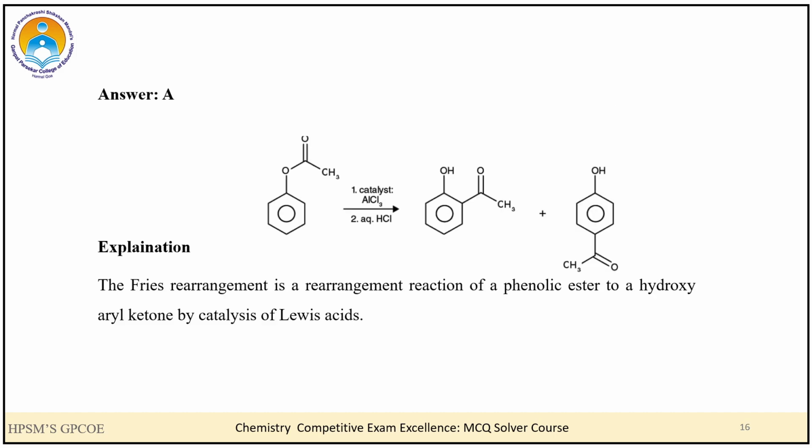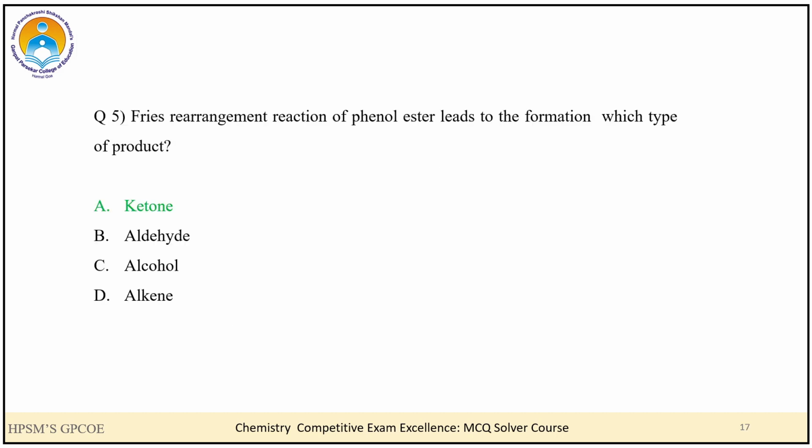So here Fries rearrangement is basically rearrangement reaction of phenolic ester to hydroxyaryl ketone by using Lewis acid as a catalyst. So here Fries rearrangement reaction of phenol ester leads to formation of ketone. So correct option is option A, ketone.